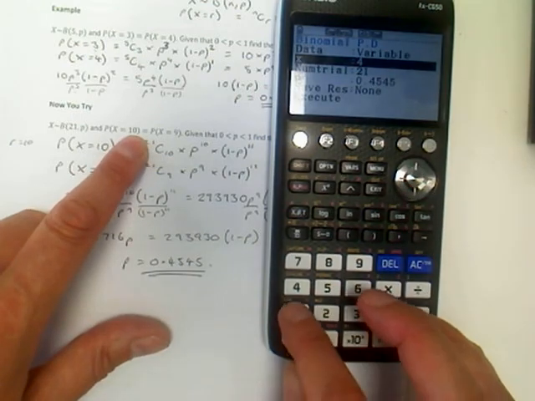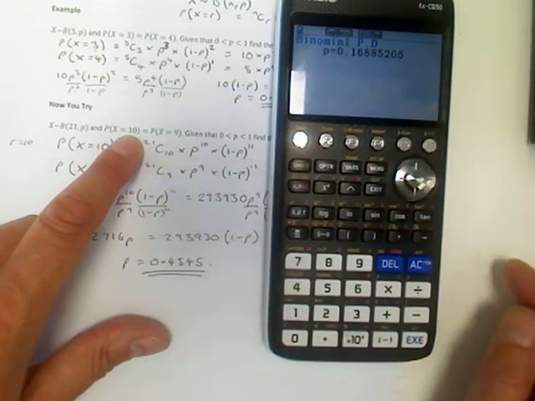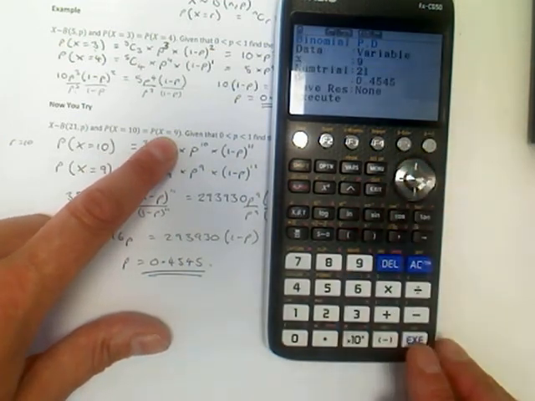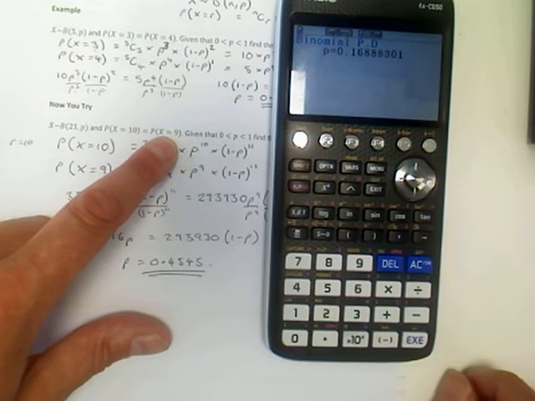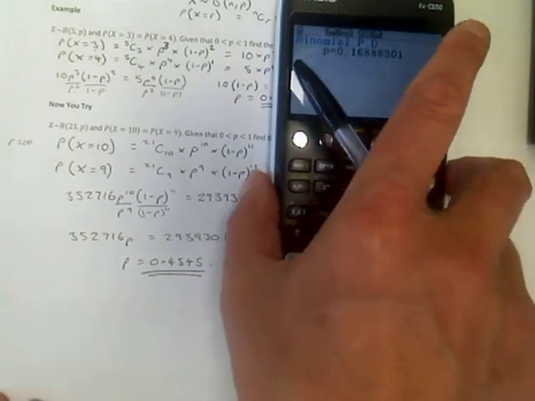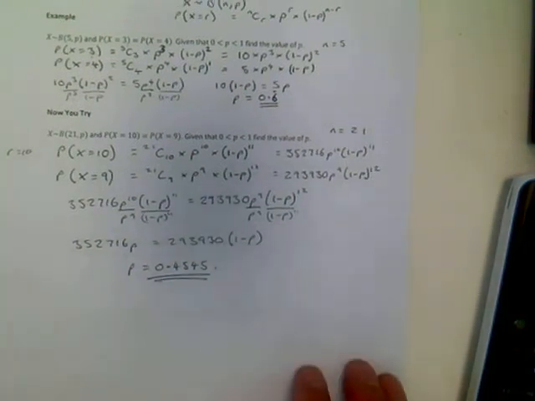And I want to check what the probability of being 10 is. There we go, 0.1688. Remember that number. Go back, go to 9, and 0.1688. So that's confirmed that it's a correct answer. Okay, hope that was helpful.